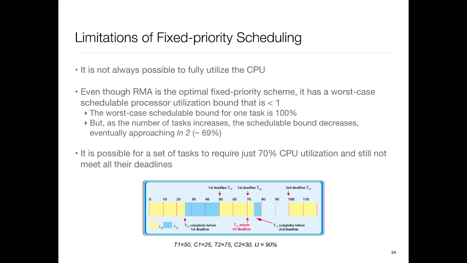So, in a way, what it is saying is that I'm paying for the deadline by having a processor which is faster than what I need purely in an average sense.